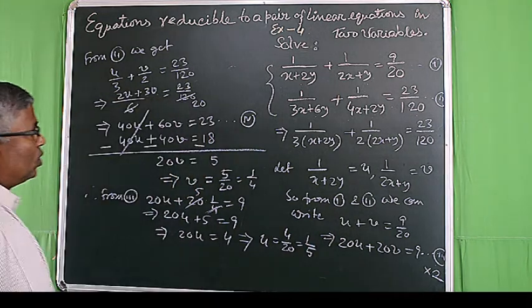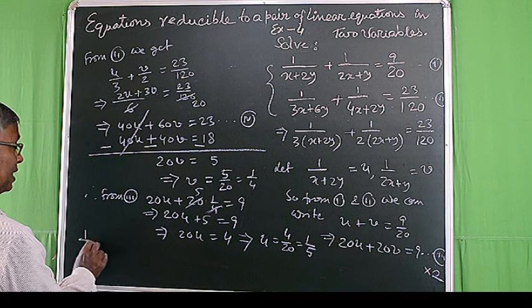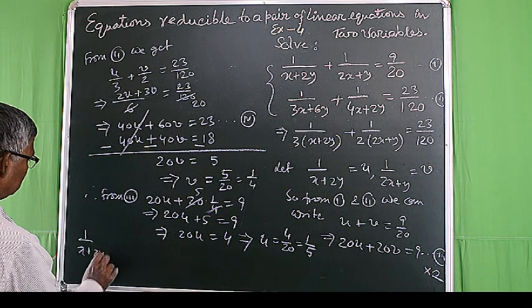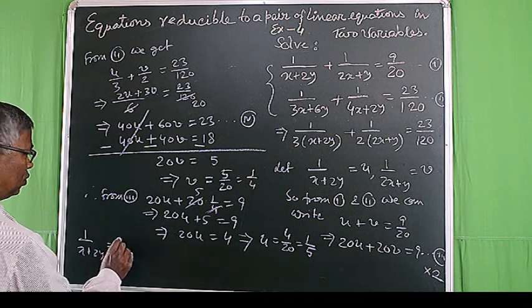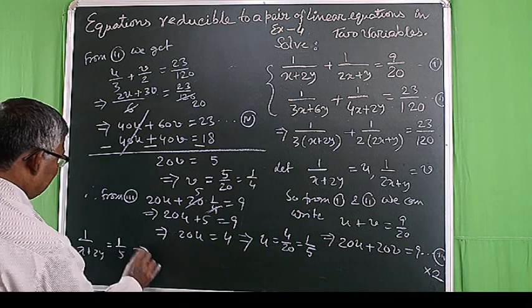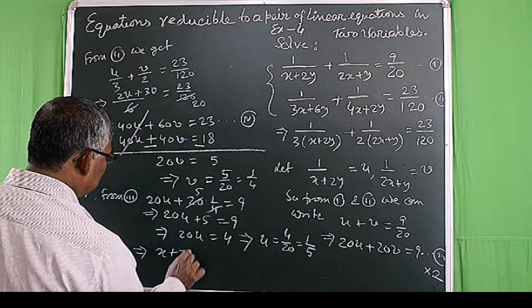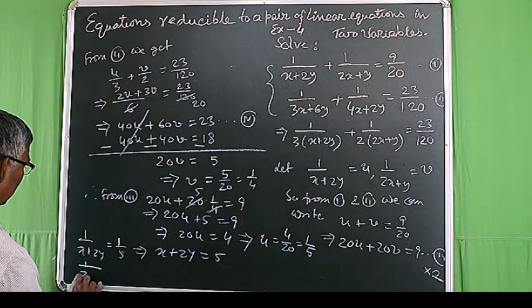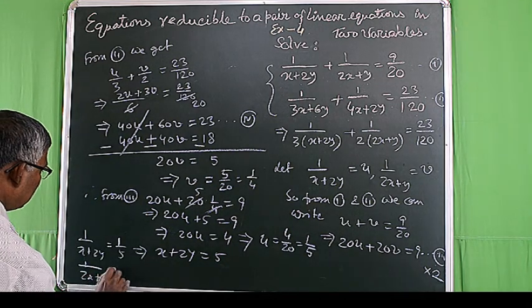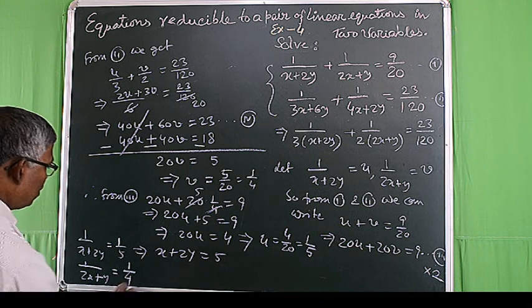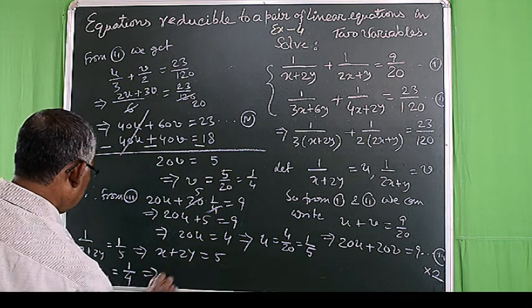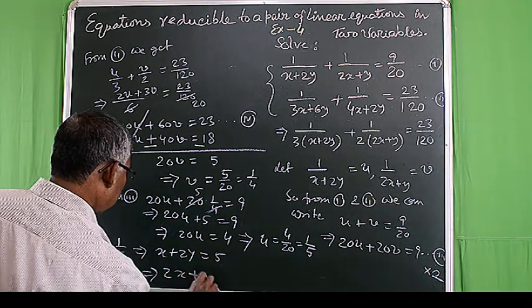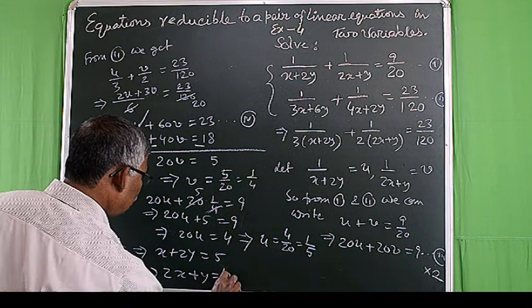Students, so we can write 1 by x plus 2y equal to 1 by 5. This implies that x plus 2y equal to 5 and 1 by 2x plus y equal to 1 by 4. This implies that 2x plus y equal to 4.